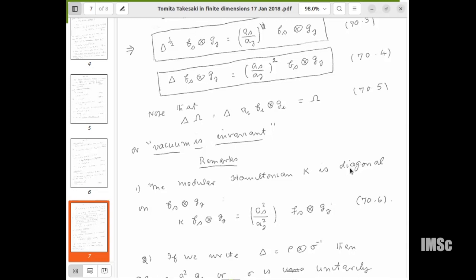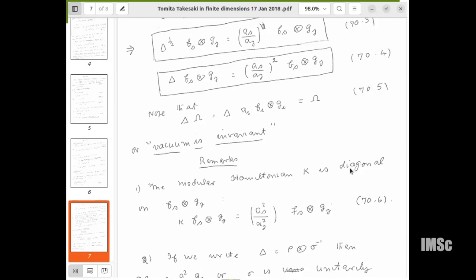I have given here, this should not be K, it should be delta. This K should be delta. If you have K, there will be a logarithm here. So delta K is a logarithm of delta.